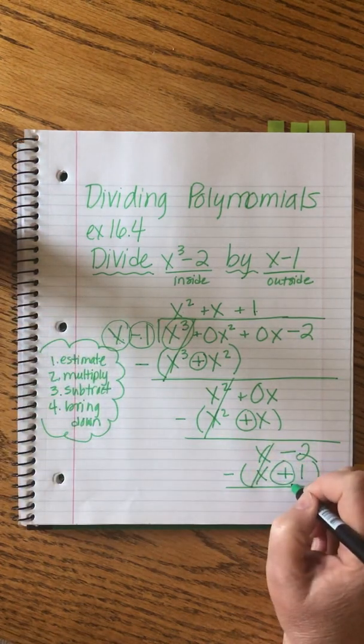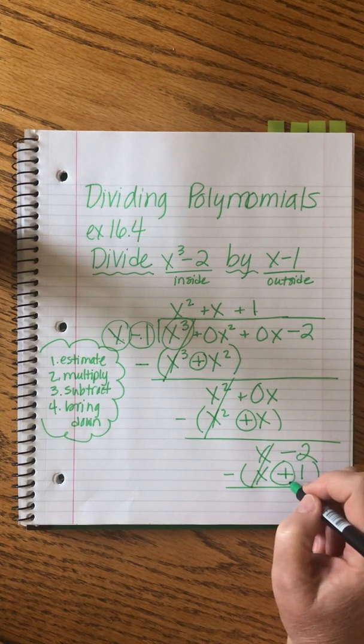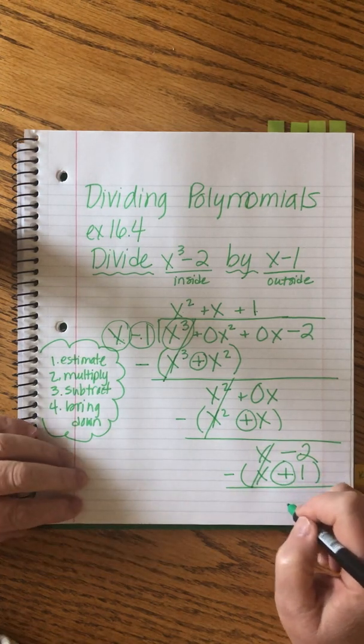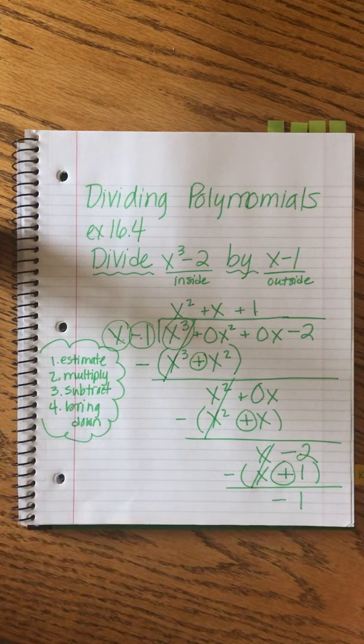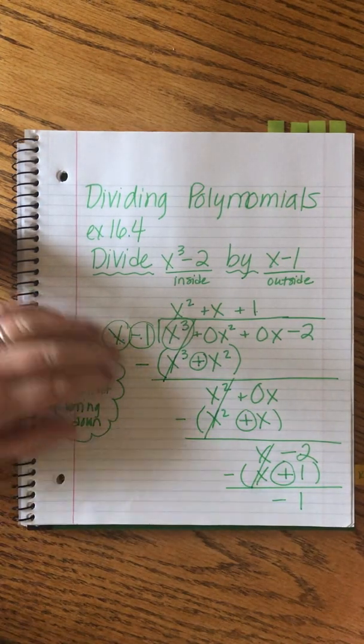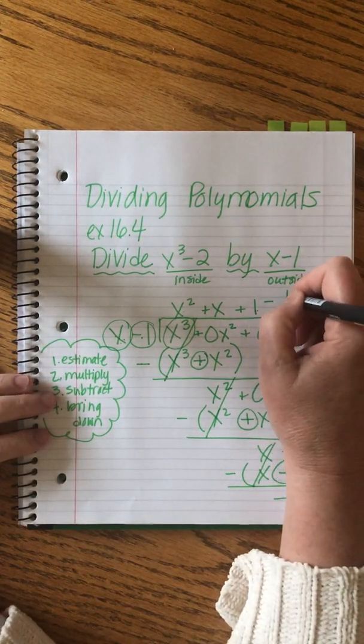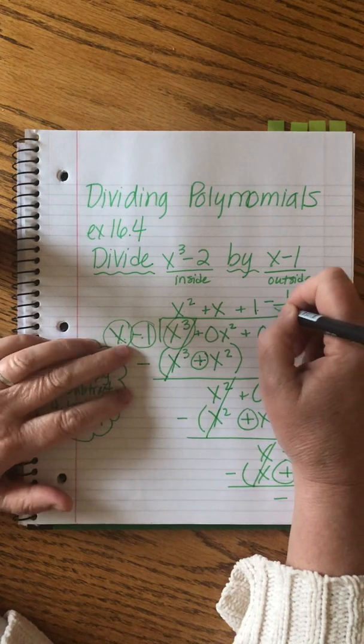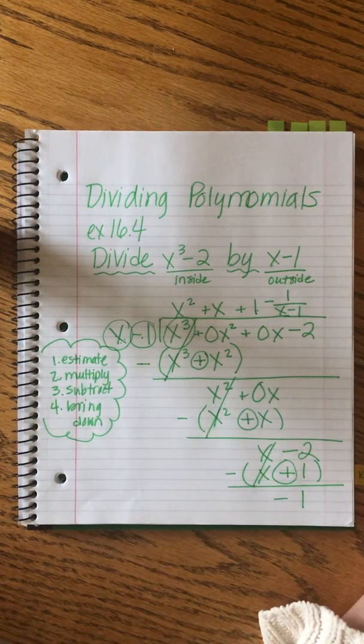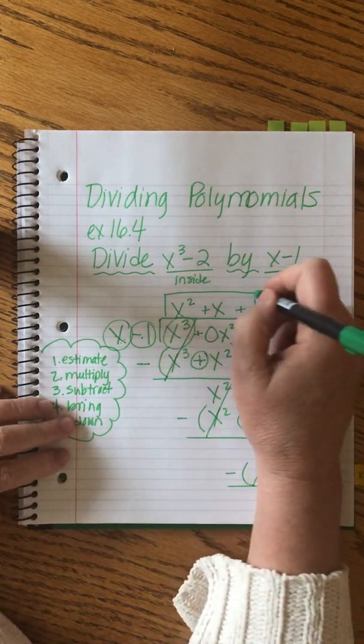Minus 2 plus 1 is minus 1. What do we multiply by x to get minus 1? That's not going to work. So our answer is minus 1 over that number, x minus 1.